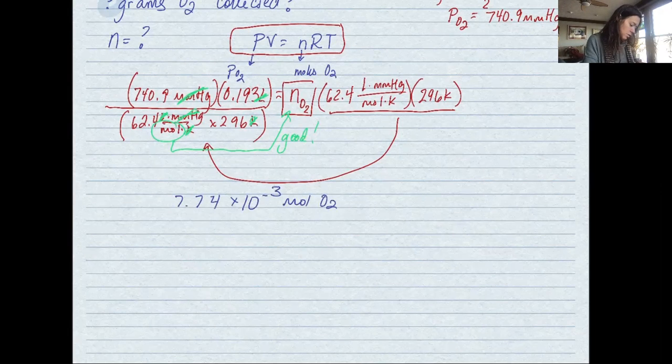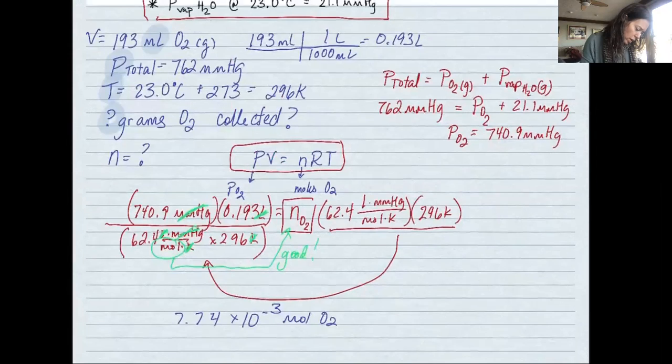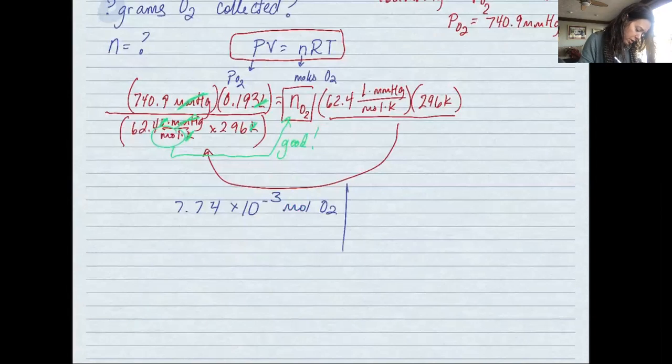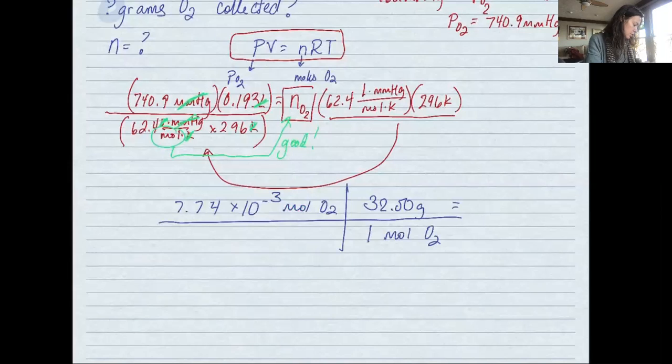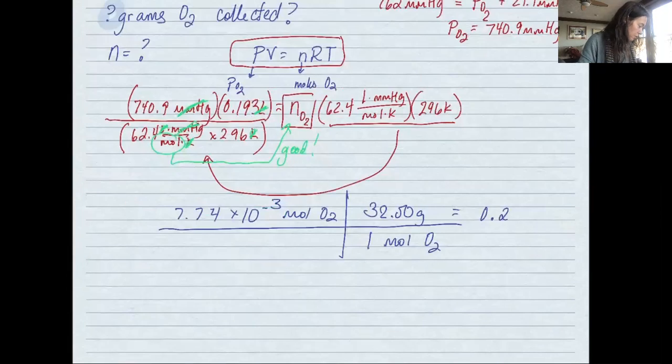Yeah, that's a pretty small number, and that number on the bottom is pretty big. That's moles of oxygen. The question asked for grams of oxygen, so we know that 1 mole of O2 is equal to 32.00 grams, and times 32 equals 0.2. Looking at my sig figs, it looks like we have 3, so I'll go 4.8 grams of O2.